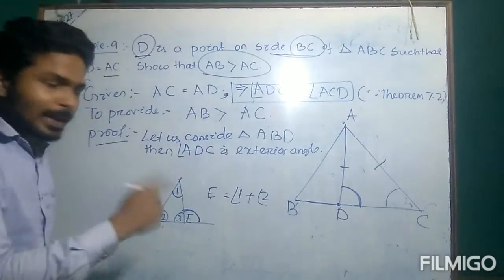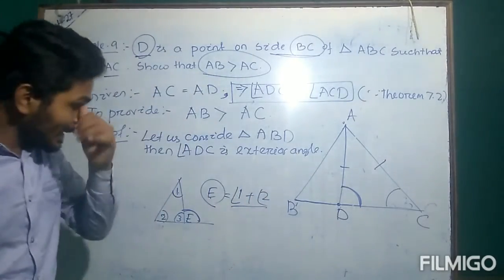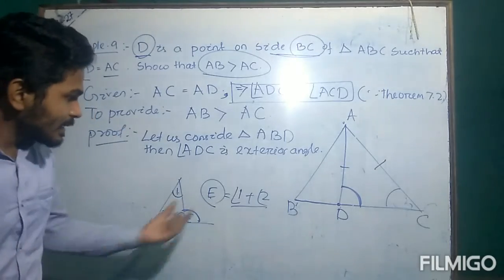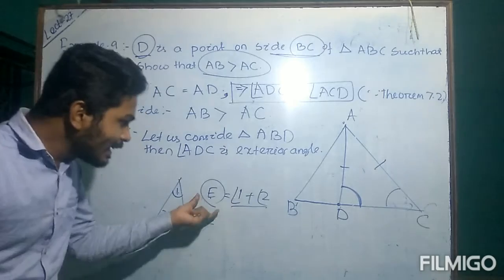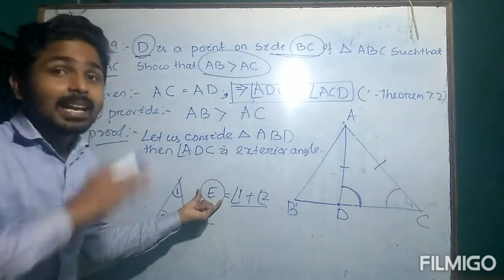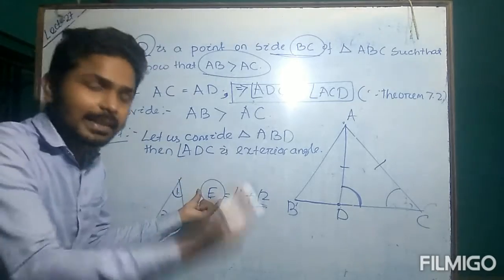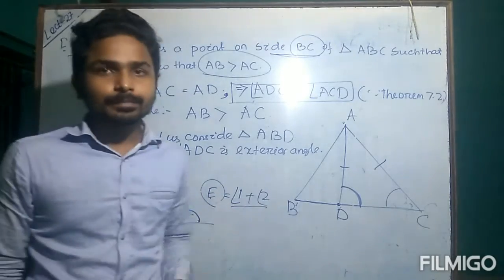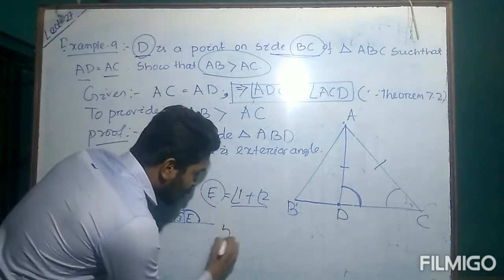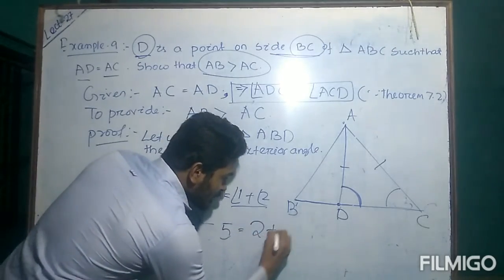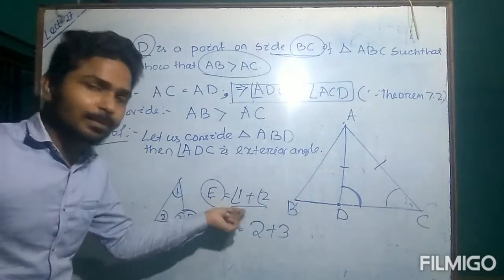Then a question arises: since this term is the sum of the other two terms, can we say this is the largest angle? Let me give you an example. Suppose I write 5 is equal to 2 plus 3. Here I have written exterior angle is equal to this angle plus this angle.